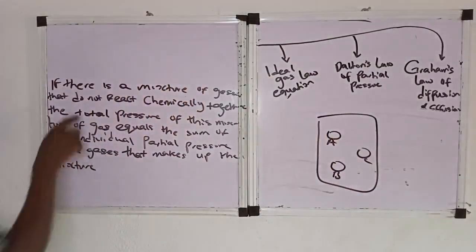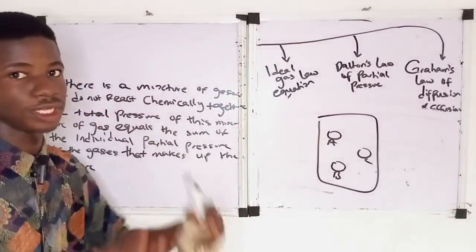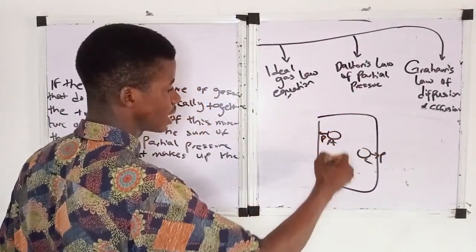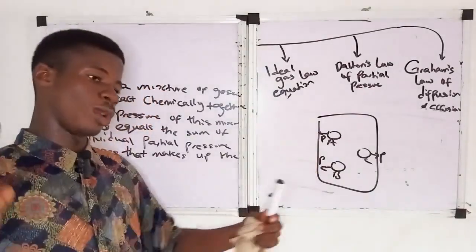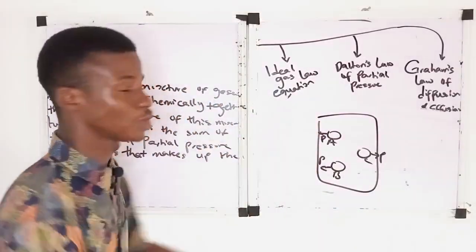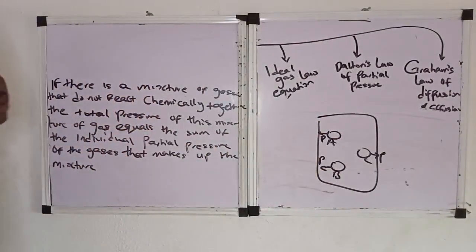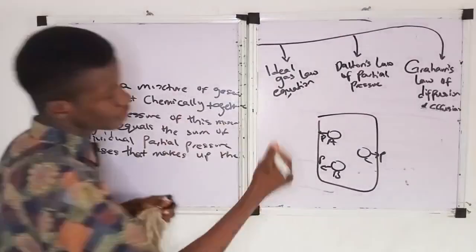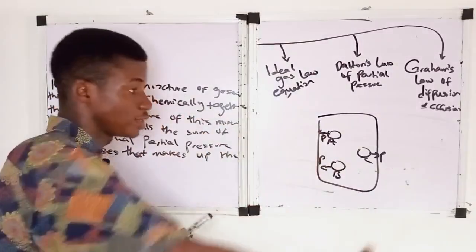If there's a mixture of gases that do not react chemically together, remember, gases exert pressure in the container when they collide with the walls of the container. Like I said, gases usually exert pressure when they collide with the walls.